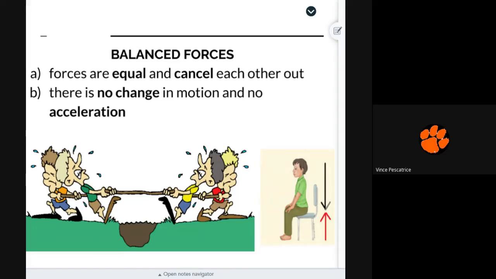The next one is double click, no change, no acceleration. That's how you fill in these notes, so that when you go back to review this, you can see what you filled in and what the important parts are.